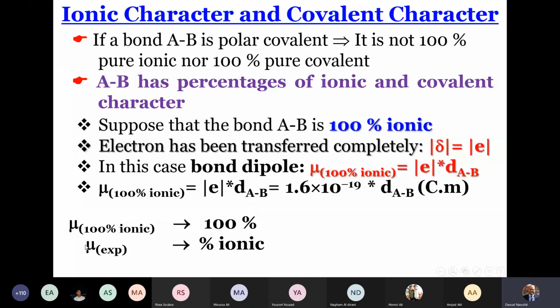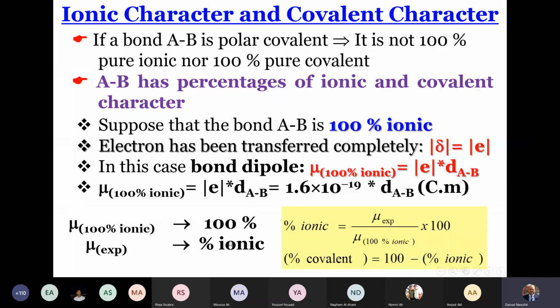For mu experimental, I can calculate the percent ionic, which is equal to mu experimental times 100 divided by mu 100% ionic, which can be calculated. In this case, we can find the percent ionic. Then the percent covalent is equal to 100 minus the percent ionic.